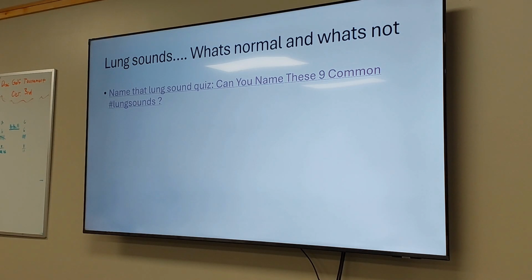Sounds like a toilet. The correct answer is coarse crackles. These are commonly found in advanced interstitial lung fibrosis, pneumonia, and congestive heart failure. Usually you can hear that without your stethoscope.